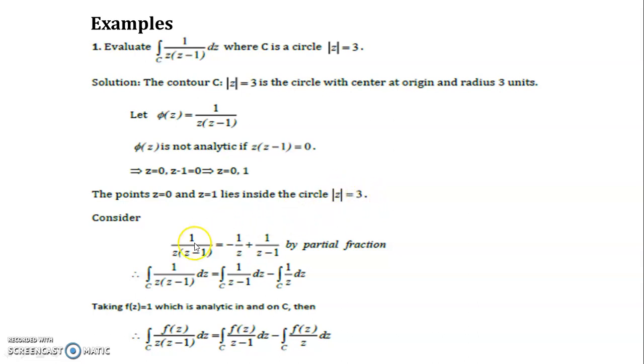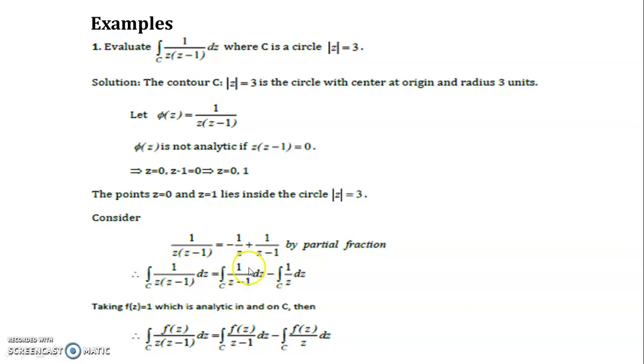Now we take the expression 1 over z into z minus 1 and split it into a by z plus b by z minus 1. By partial fractions we get a equal to minus 1 and b equal to 1. Then we integrate; both are integrals here.